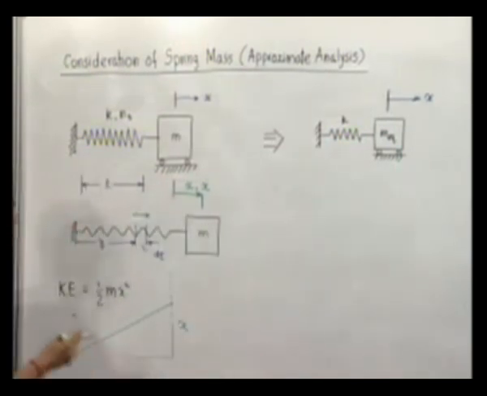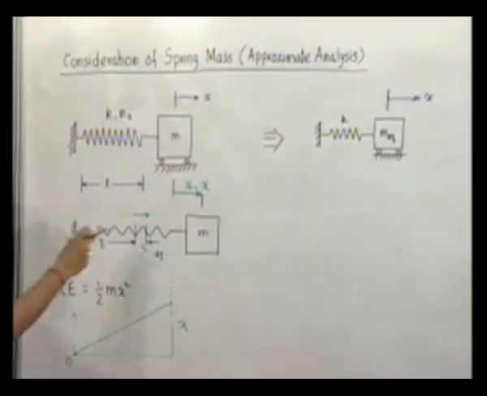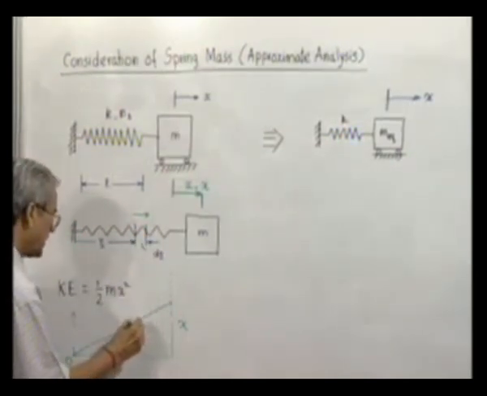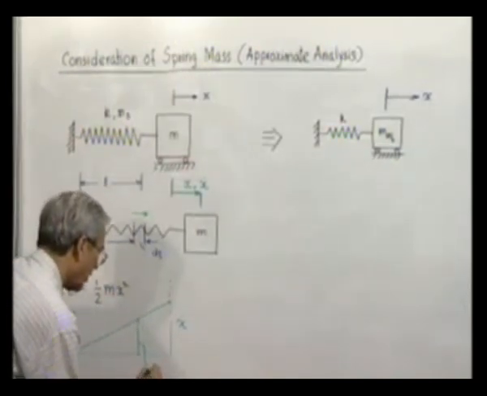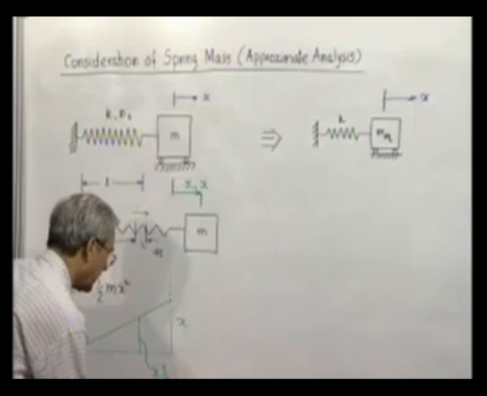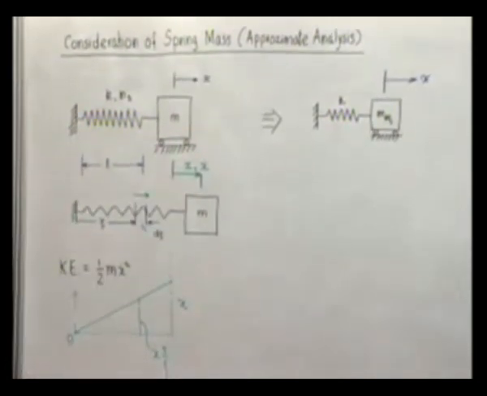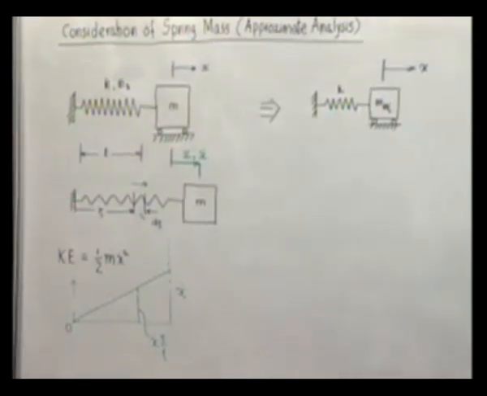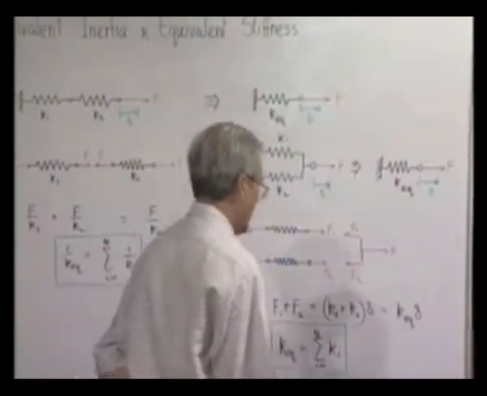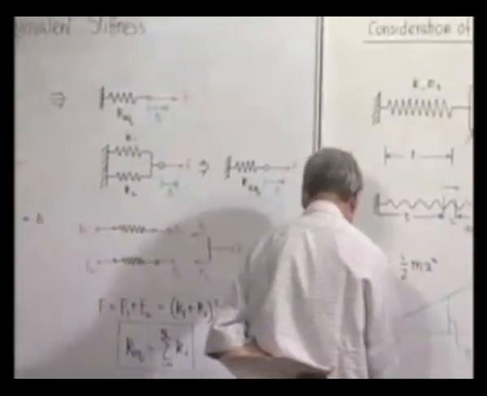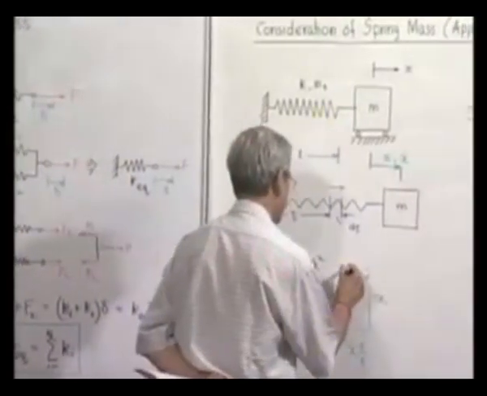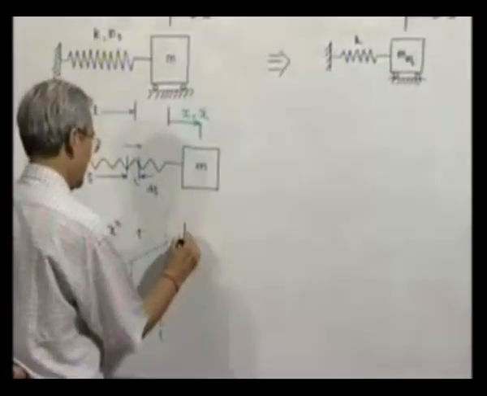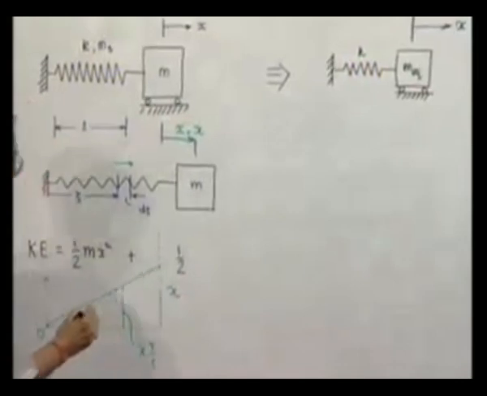Similarly, velocity also will be proportional. So, velocity at this end is x dot, velocity at this end is 0. So, velocity at zeta will be how much? It will be x dot into zeta by L if you have taken a linear distribution. So, what we can do, we add the kinetic energy of the spring.